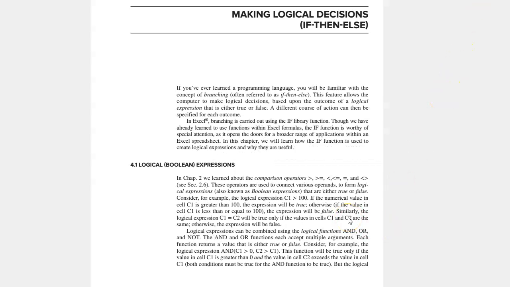The chapter goes over what a Boolean expression is, which is basically a true or false statement. And all of these functions are going to equal a true or false statement, which can allow the computer to make a decision for you, basically. The first expression is an AND function, which you can see here.